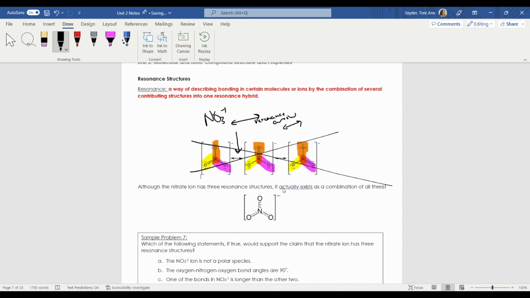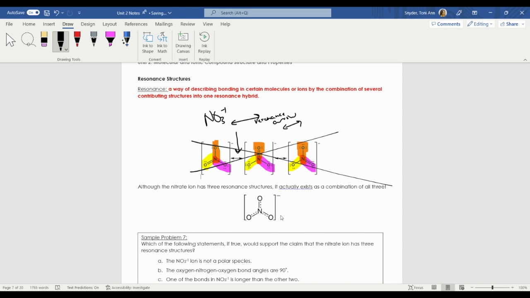A hybrid is like a combination of more than one thing, right? If you have a hybrid animal, like a mule is a donkey and a horse, something like that. None of these ones actually exist. So when you have the child of them, it's not a donkey and it's not a horse. It's something totally new. So this is the hybrid of these right here.